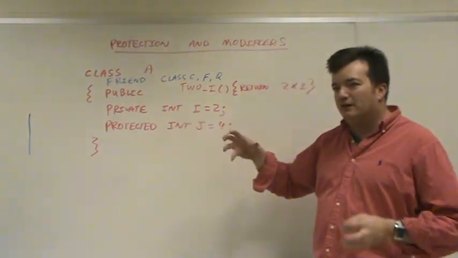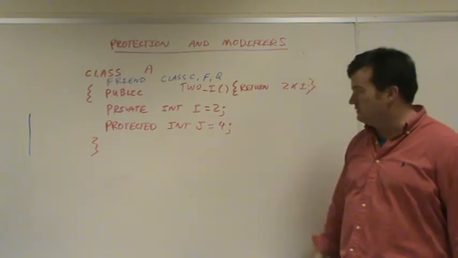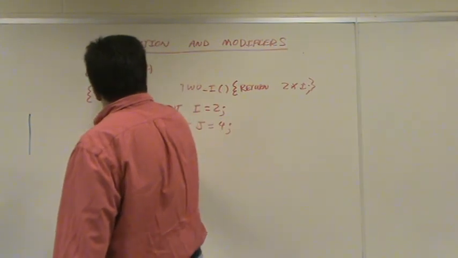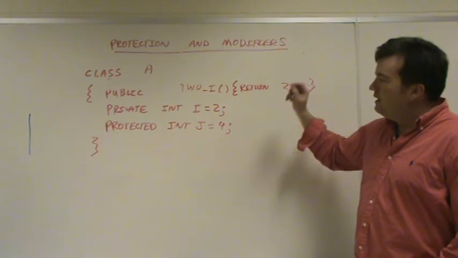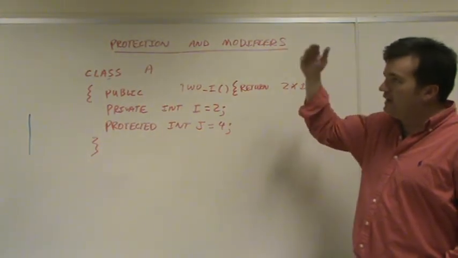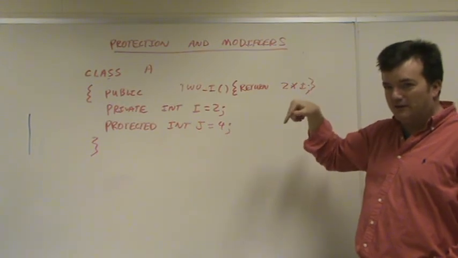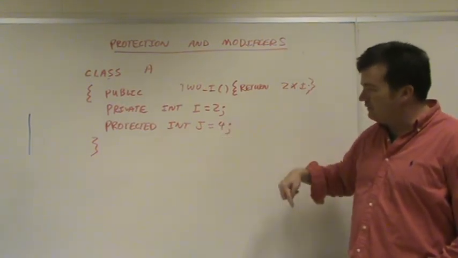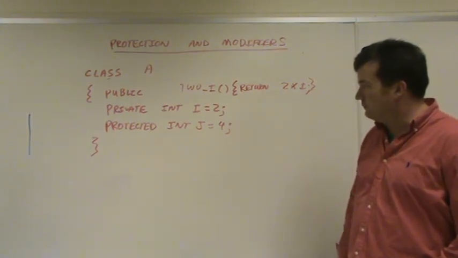So you can think of classes in the same package the way C++ thought of classes that are friends with each other. So protected fields are not accessible to the outside world, but are accessible to any class that's in the same package as your class. And it's accessible to any class that inherits from yours. An inheriting class can have access to it too.